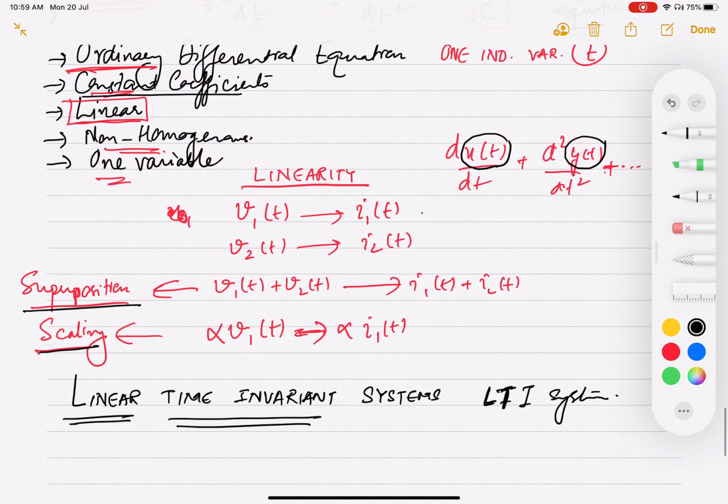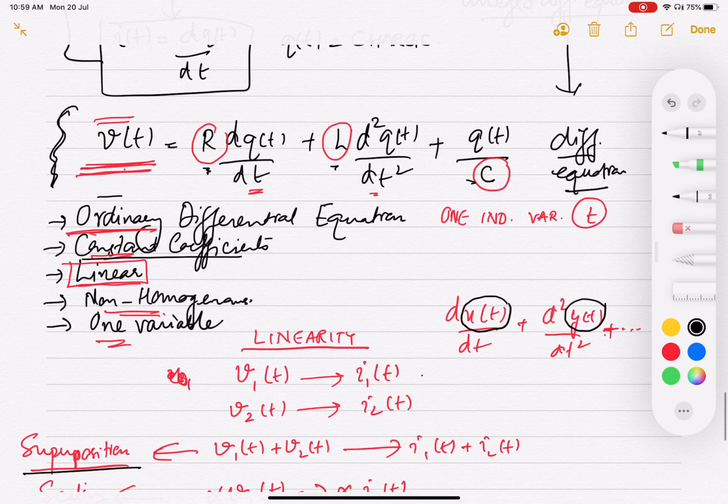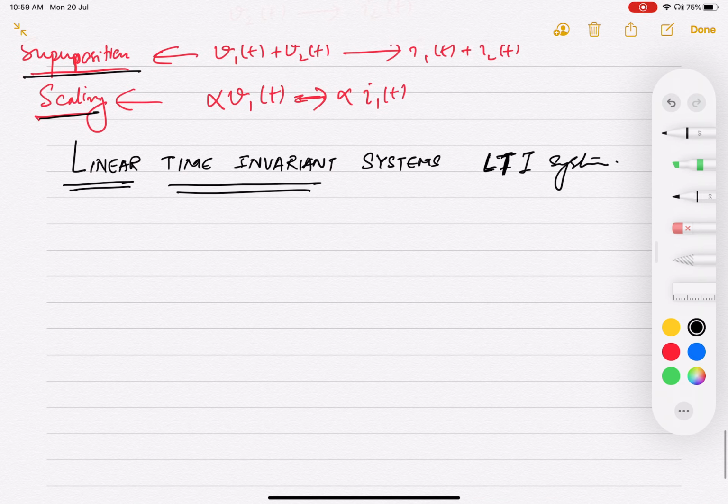Right? So in general, you will not write down an equation like this. The general equation can be written like this. So you have an nth differential of the output. The output was c, if you remember.